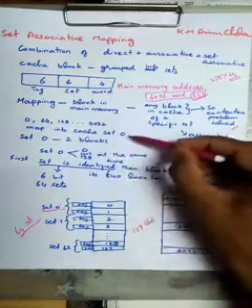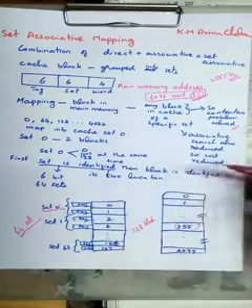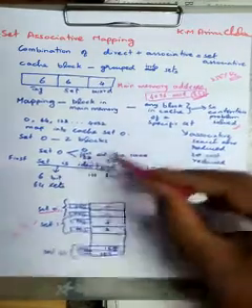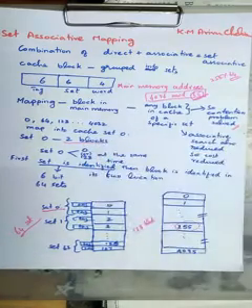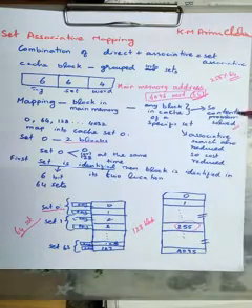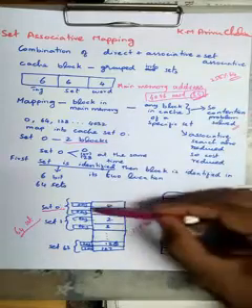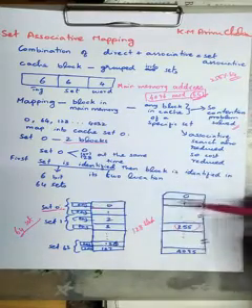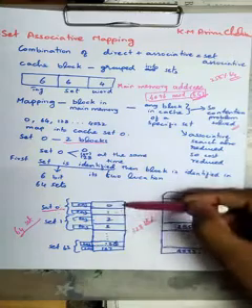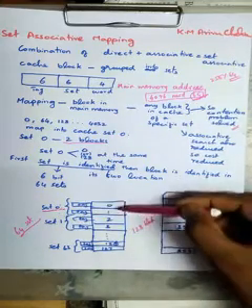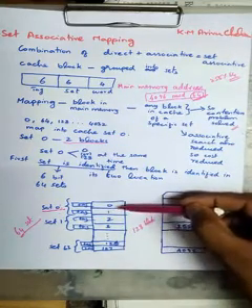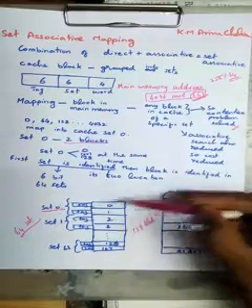Set 0 contains 2 blocks. So we need not worry about the contention problem here. The problem is overcome, because if 2 data want access to set 0, we can place both. But in direct mapping we would have only one data, and it has to be replaced. This problem is overcome here.